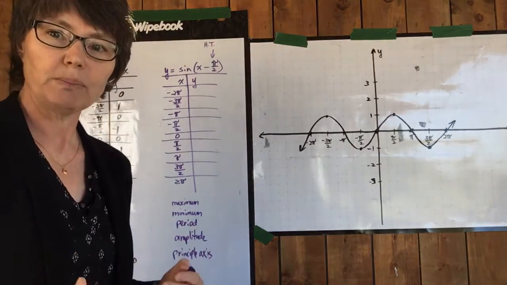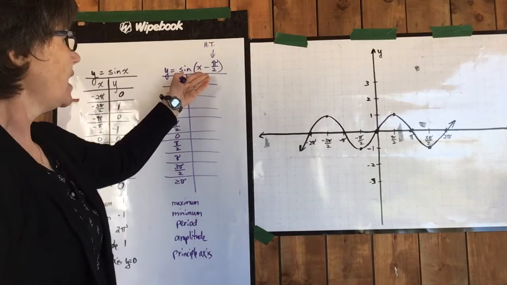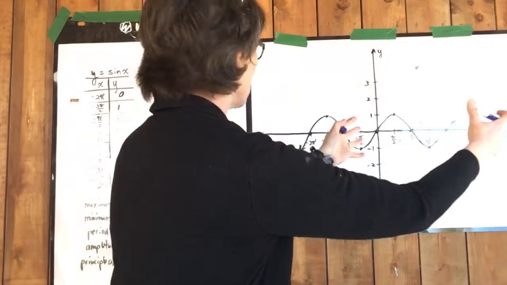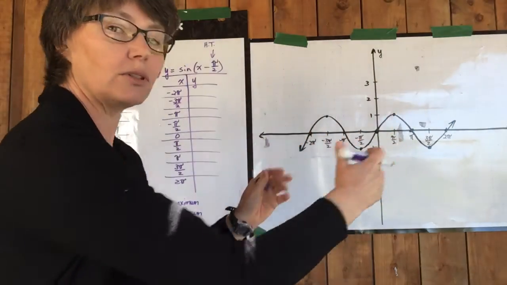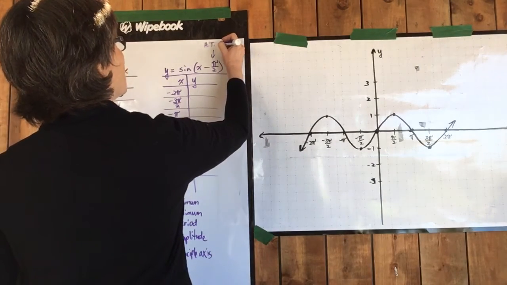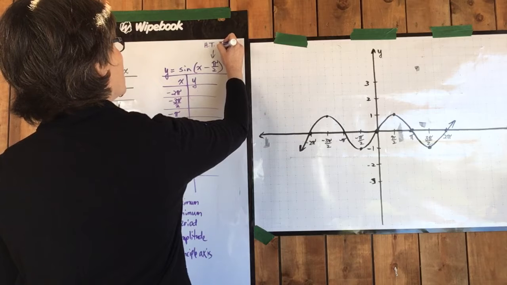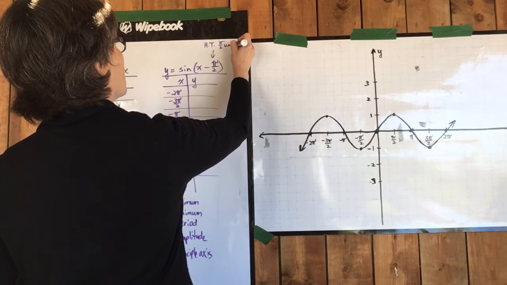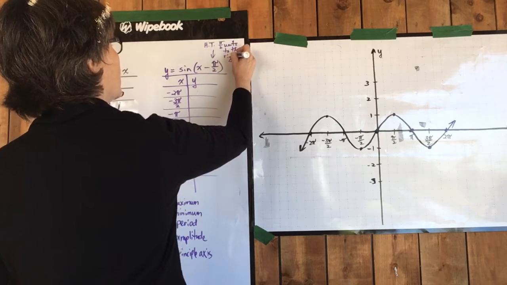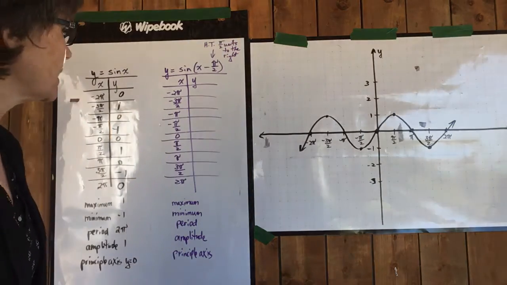So what should be happening here is that this graph, everything, is moving pi over 2 units to the right. Horizontal translation, pi over 2 units to the right. That's what should be happening just looking at the equation.